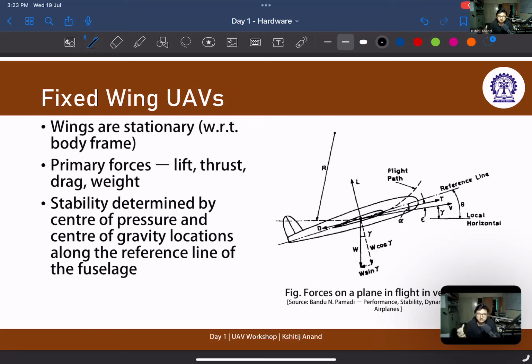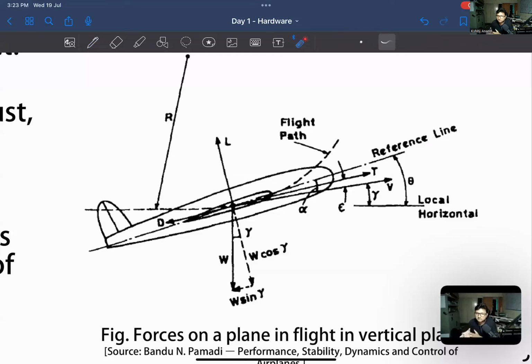Now you need to understand something called the velocity vector or the free stream velocity vector. The air around us, we assume, is not moving right now. It's the aircraft which is moving. But if you were a pilot flying the aircraft, you would see the air moving towards you.